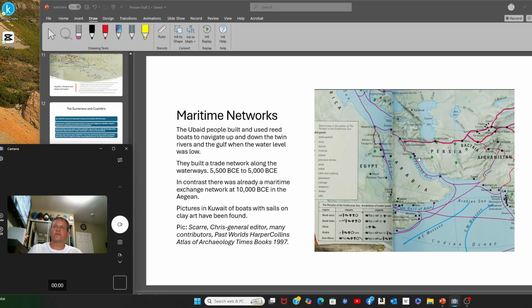And then you can see this is a later map, but like I was saying, you can see here the navigation, trade routes. They got it split. These are two separate pages.